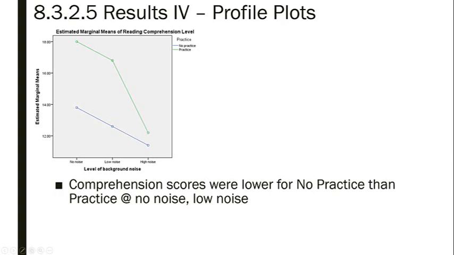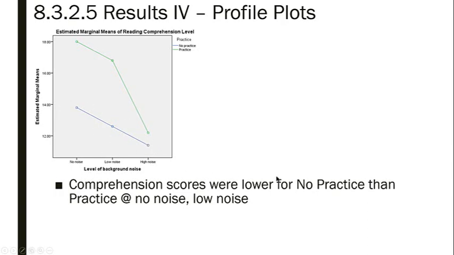So I can intuit that there's a main effect of practice because the marginal mean, so the mean of the 3 green data points is pretty different than the mean of the 3 blue data points.